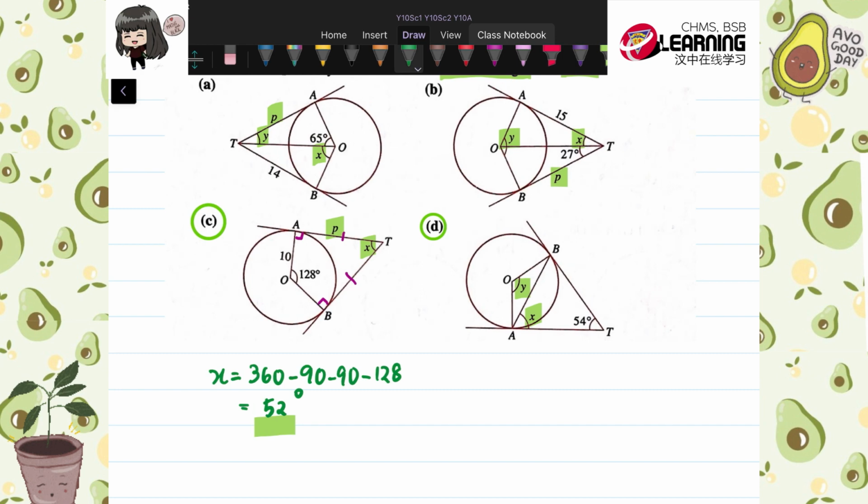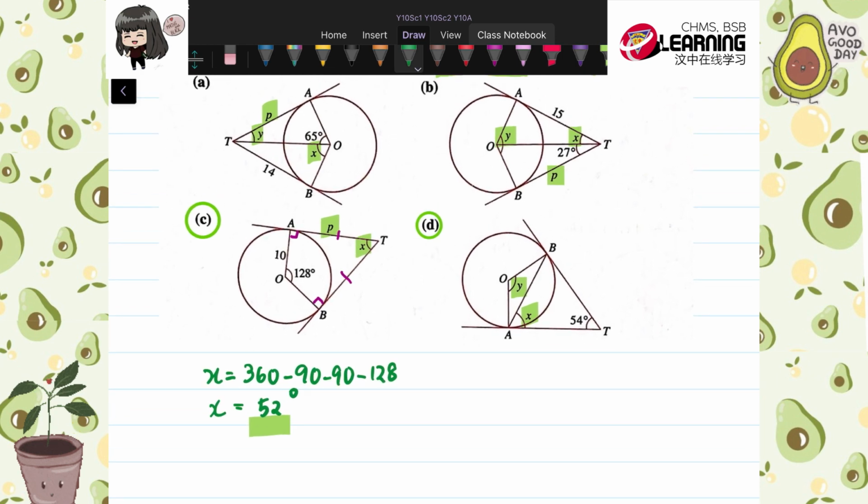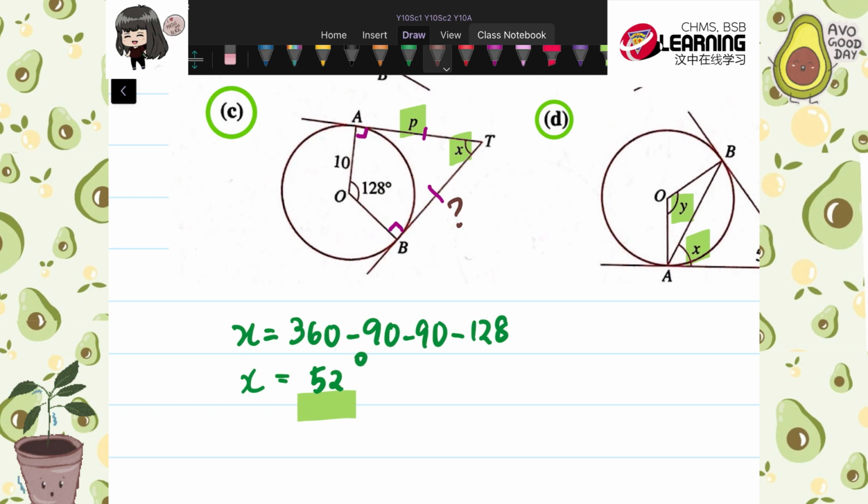Highlight your answer. And then for p, to find the length p, you are not given any length here, right? So if you are not given any length, what you're going to do is separate this. I draw a line like that. And this angle here is basically my 52 divided by 2, because my x is 52. When you divide by 2, this is 26.